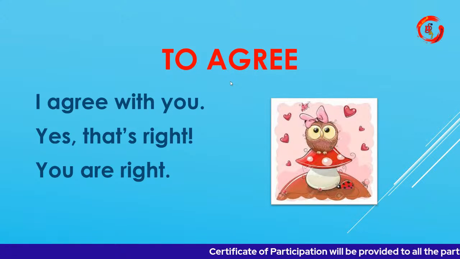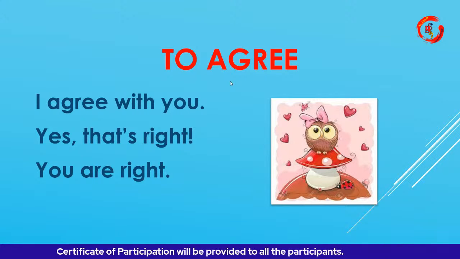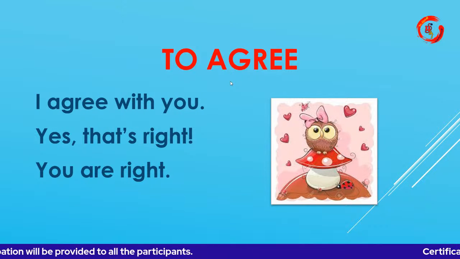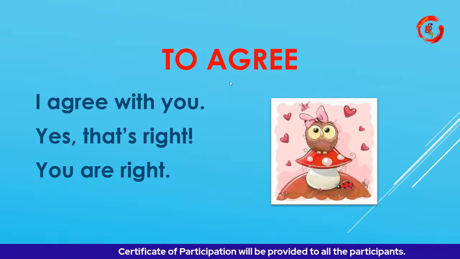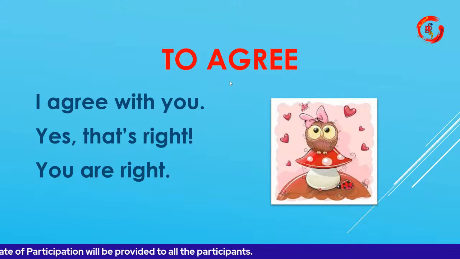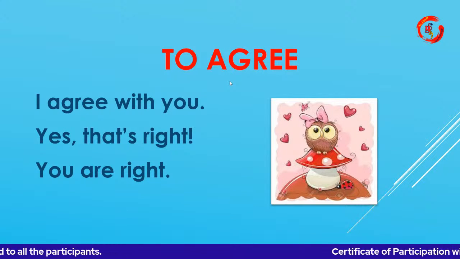That means you are having the same thought as the person who is talking to you, or the person who is giving you an idea or asking something. Or you can say, yes, that's right. And the third one, you are right. These are 3 ways you can tell someone that you are agreeing with them, with their ideas or their plans or anything.